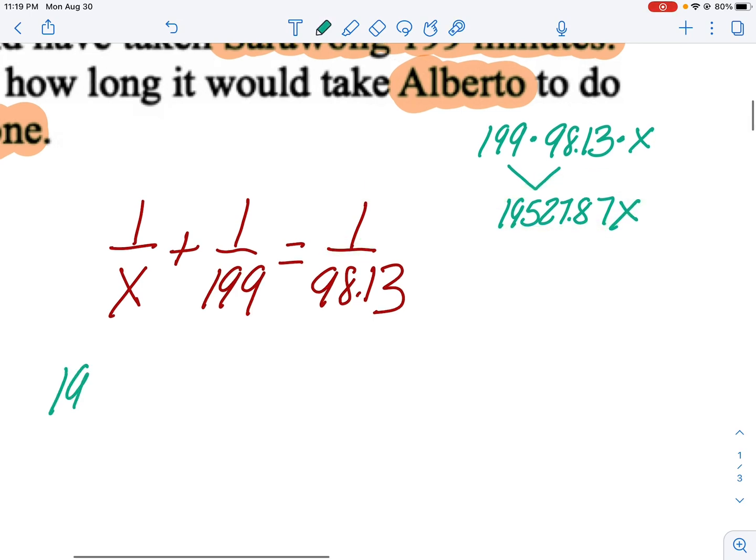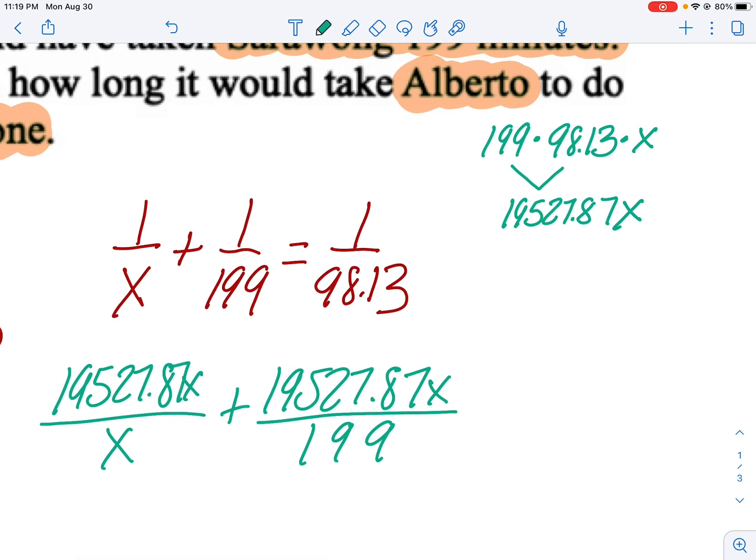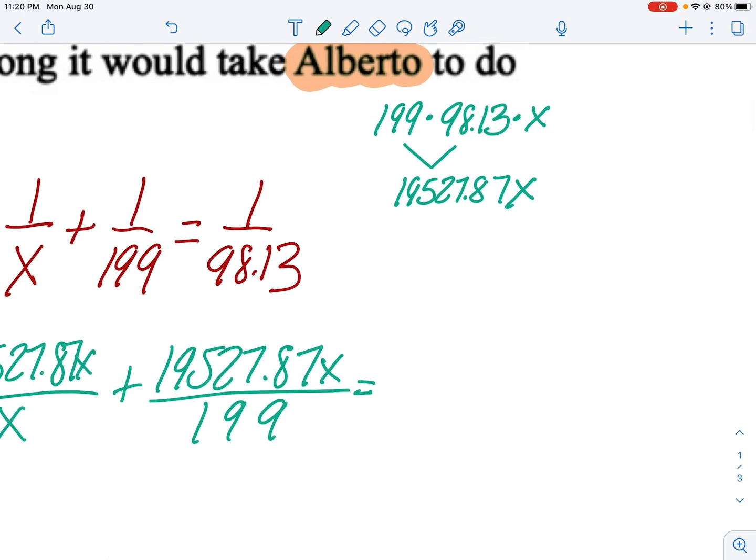So 19527.87x over x, plus 19527.87x over 199, oops, I forgot the 7 here, equals 19527.87x over 98.13.